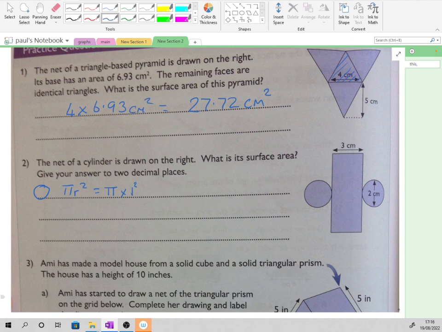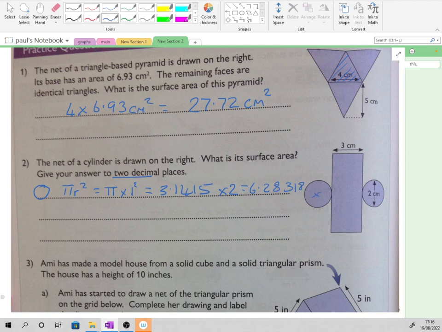That's not much, is it? 1 times pi equals 3.1415. That's enough, because I'm only doing it to 2 decimal places. Multiply that by 2, because we've got 2 of them, which equals 6.28318. Right, that's that bit.